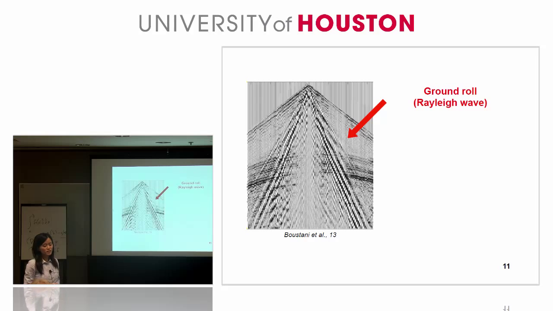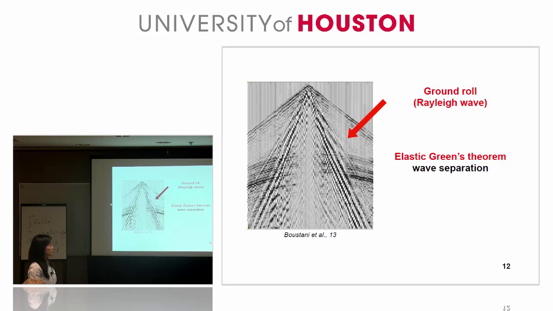People are looking for better approaches to remove these events and preserve the reflection data. Linear filtering methods like FK could be chosen, but those methods may damage your reflection. So here we provide the elastic Green theorem wave separation method to separate these events and retain the energy of your reflection data.